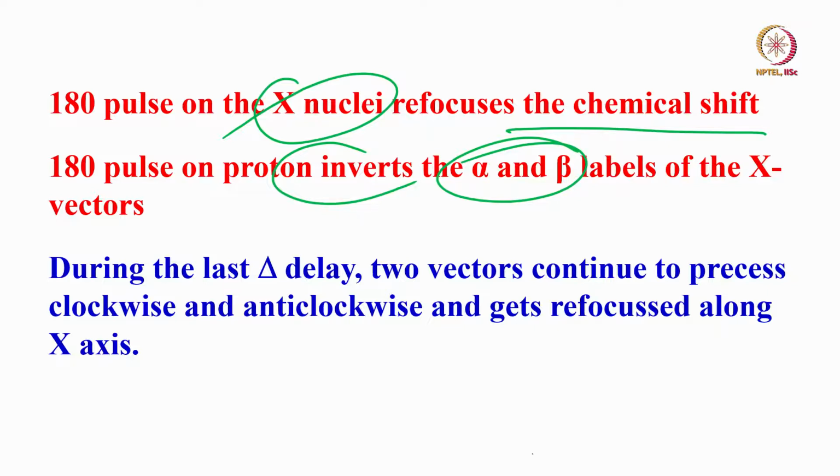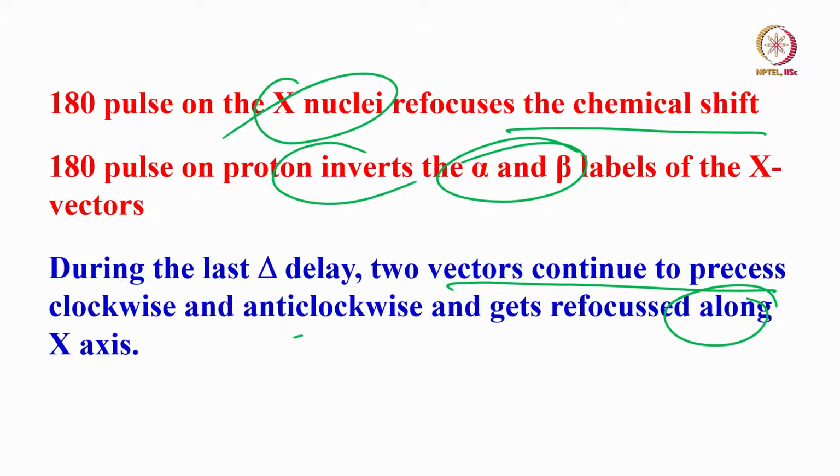And during the last delay, the two vectors continue to precess clockwise and anti-clockwise and get refocused along the X axis. Remember, we discussed precession, evolution of J coupling, evolution of the magnetization, how the in-phase character becomes anti-phase character, and how the in-phase dispersive can become anti-phase dispersive. Everything we discussed in the last two classes. That's why I discussed evolution of chemical shift and evolution of J coupling a lot.